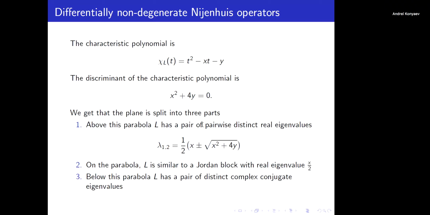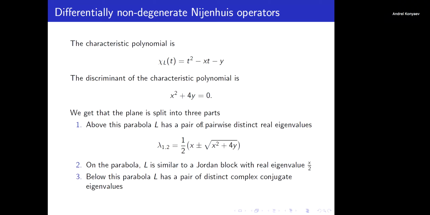I think I should have written it here, but I hope you remember from the last time. So we see that the geometry is highly non-trivial. Look, you have real eigenvalues, then you get to the parabola, then you have some Jordan blocks, and then you have a transformation into the complex domain.